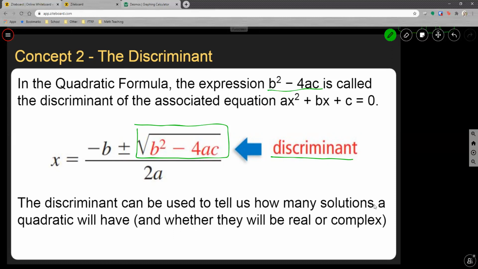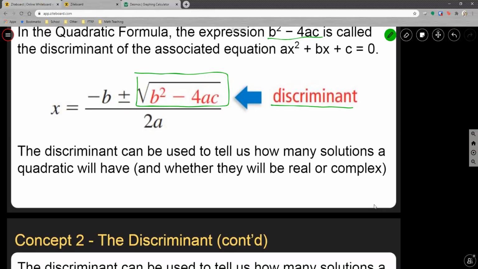So in the world of math, it's got a less negative connotation. Excuse me. So the discriminant, we can use this to tell how many solutions we have and whether they're going to be real or complex.